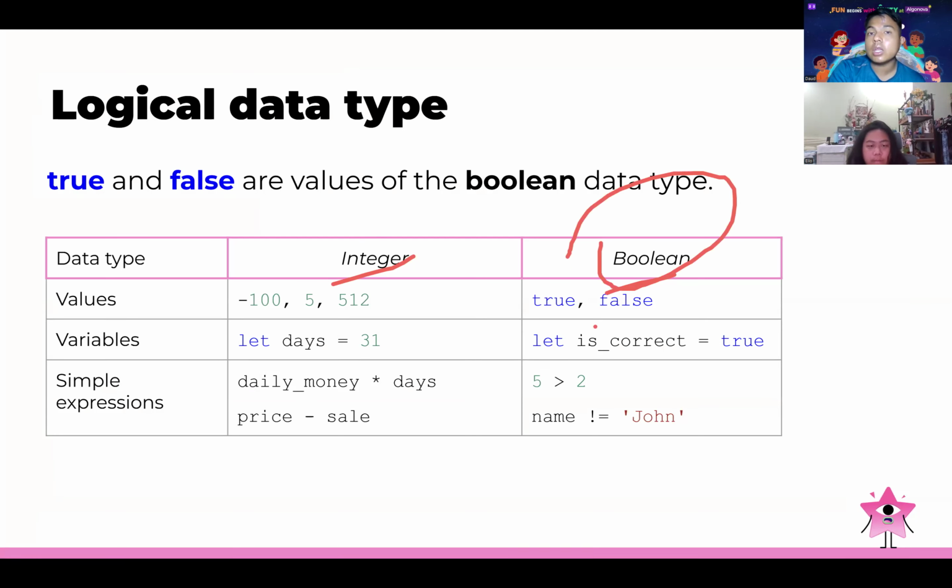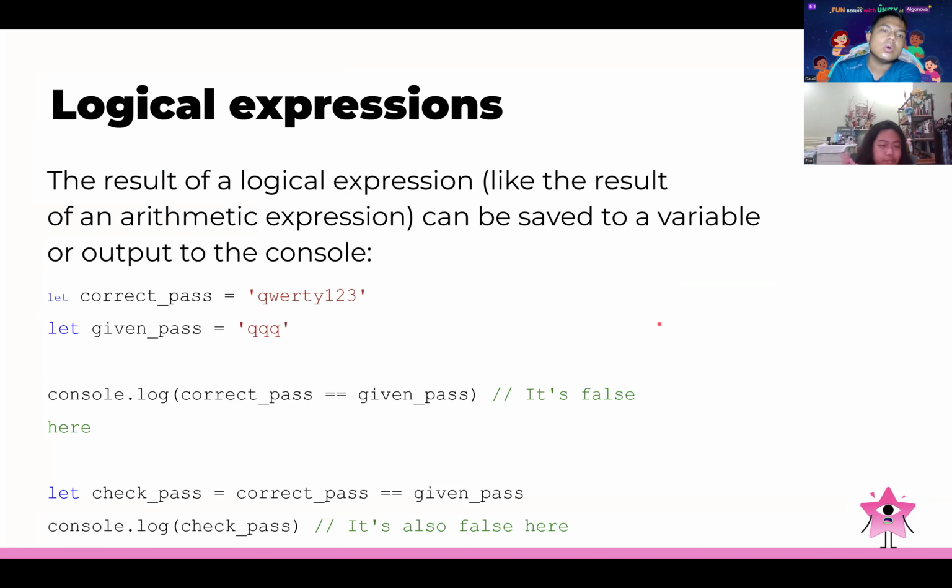But in Boolean, you only have two values, either true or false. So in JavaScript as well, you can create logical expressions and check the conditions. For example, like this: correctPass equals givenPass.